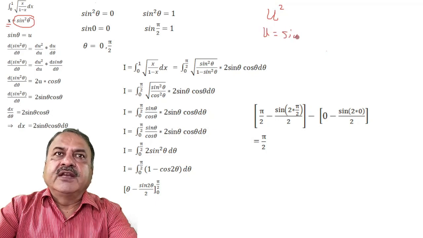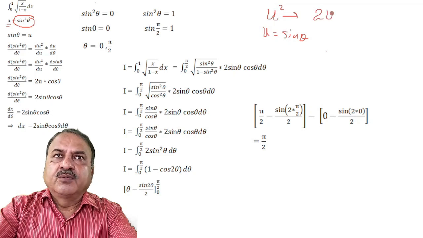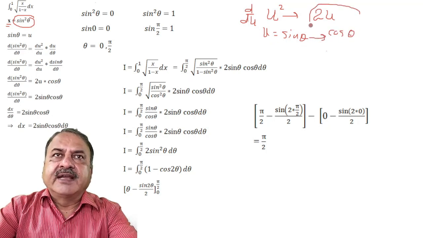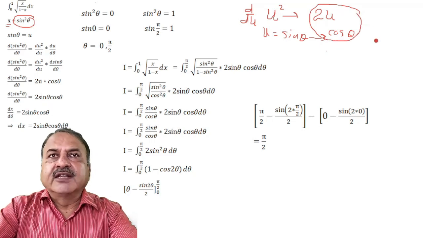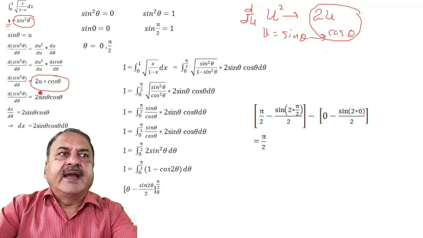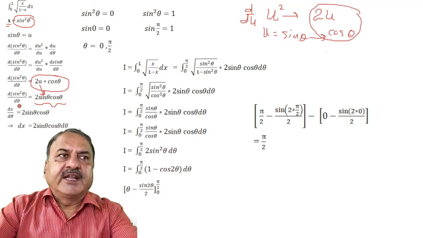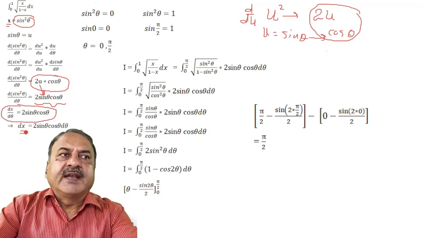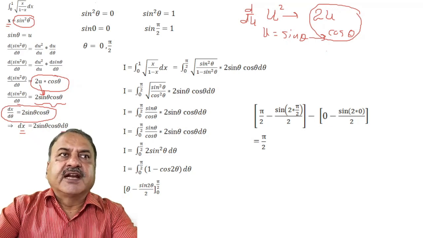So we differentiated u square with respect to u and got 2u, and then we differentiated u with respect to theta and got cos theta. Then we multiply them together and get 2u cos theta, and u is sine theta, so 2 sine theta cos theta. So dx by d theta is 2 sine theta cos theta, and we get dx equal to 2 sine theta cos theta d theta.